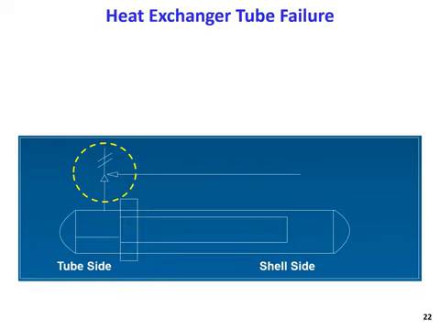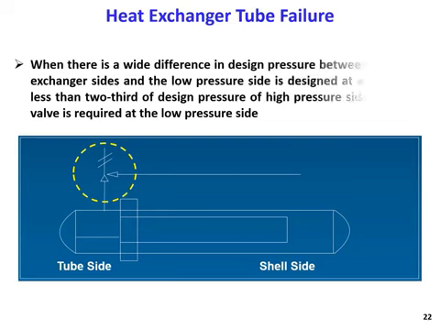Then heat exchanger tube failures. Okay, if you consider this heat exchanger system, this is, let's say, my tube side. So I have a flow going to the tube side. It goes all the way through the heat exchanger and comes back from this part.